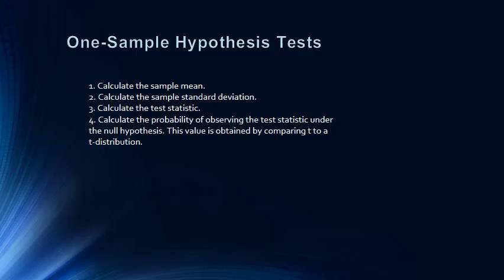For the one sample hypothesis test, you calculate the sample mean, you calculate the sample standard deviation, then calculate the test statistic, and calculate the probability of observing the test statistic under the null hypothesis. This value is obtained by comparing to a t-distribution.